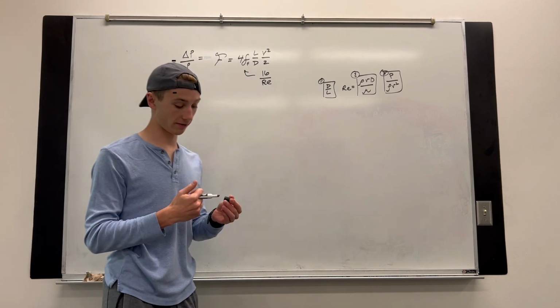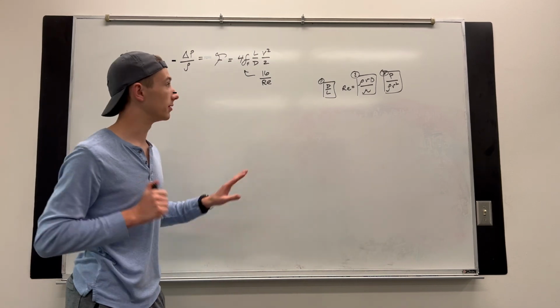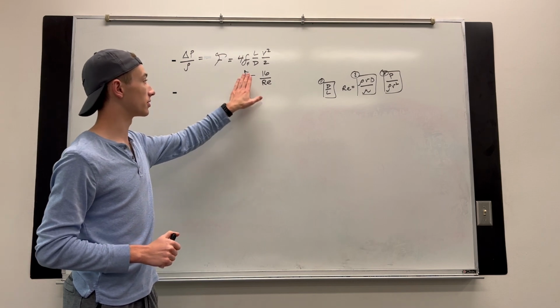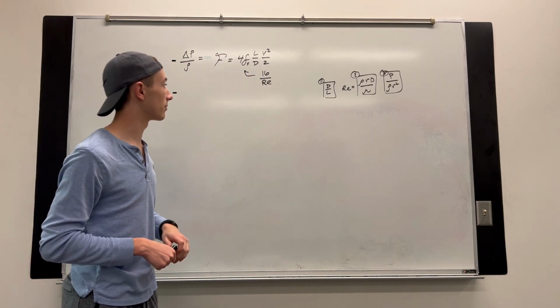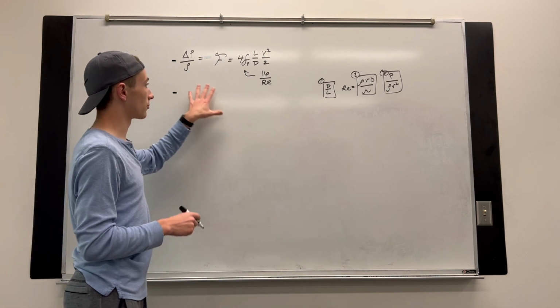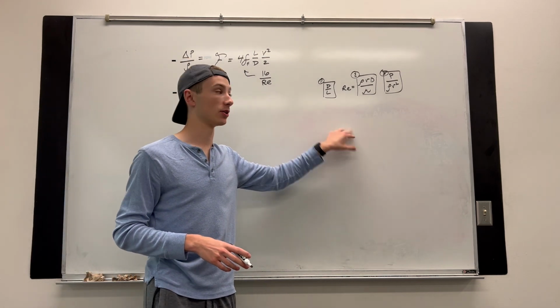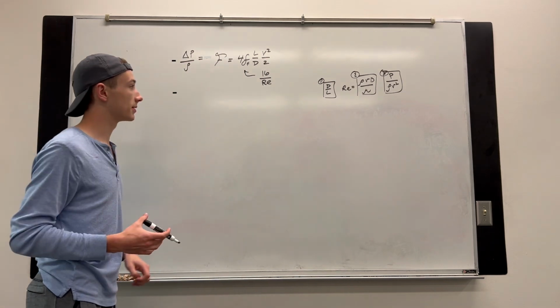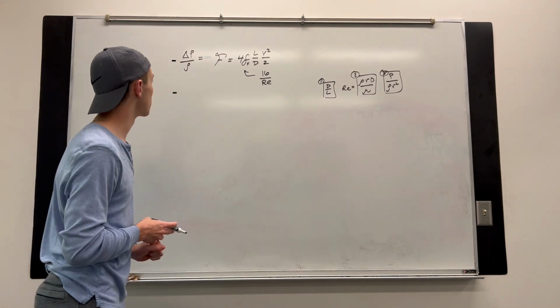So there's the fanning friction factor and the Darcy friction factor. In this scenario, we're using the fanning friction factor, which is 16 over the Reynolds number. Okay. Now, how is this expression just a combination of our dimensionless groups that we found out? Well, let's do some algebraic manipulations and we'll show just that.